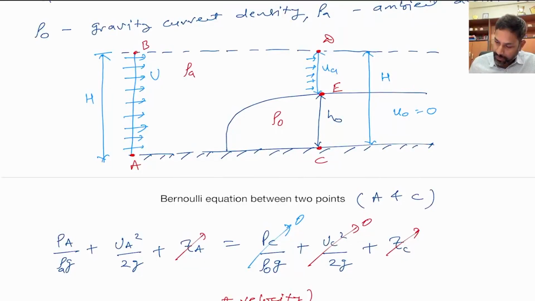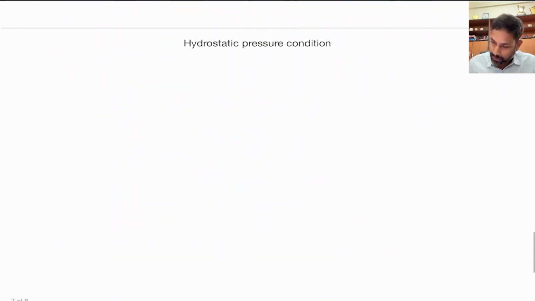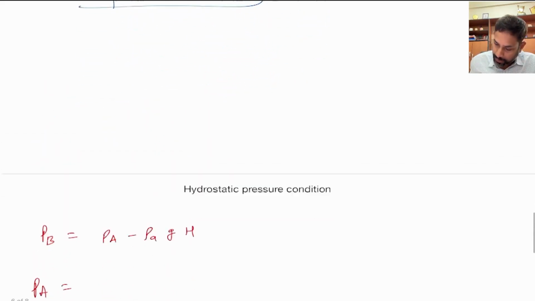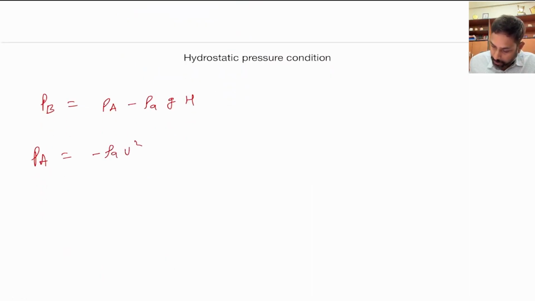First let's define pressure at point E, point D, and also at point B. Based on hydrostatic pressure condition, we can define PB as PA minus rho A gH, where H is known, rho A is the ambient density, and PA is pressure at point A. Since we know pressure at point A, PB becomes minus rho A U square over 2 minus rho A gH.